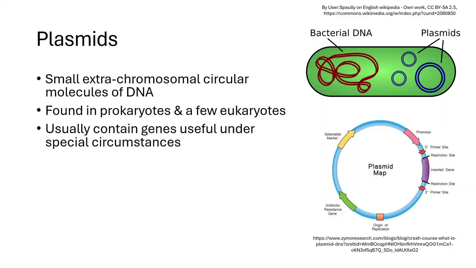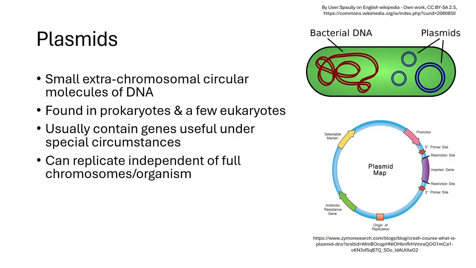One very common thing that's been researched quite a bit is that some bacteria can have genes that let them become resistant to certain antibiotics. And plasmids are often where these genes are stored. Since bacteria can transfer plasmids from one bacterial cell to another, they can pass on these antibiotic resistance genes, which makes it really difficult when we're trying to treat bacterial infections.